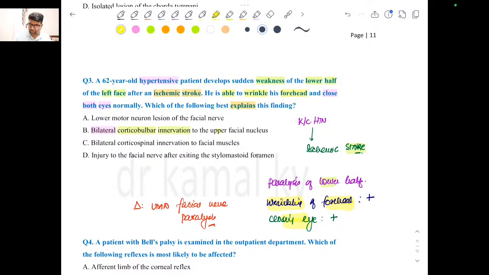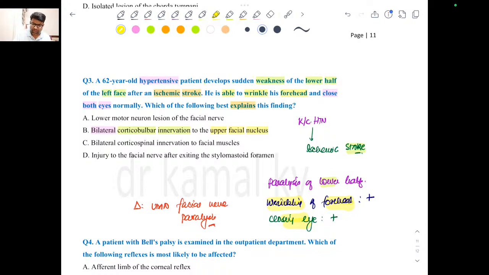So the upper facial nucleus, which is supplying the forehead and the eye muscles, is getting innervation from both sides. Therefore, even if one side is paralyzed, it doesn't make a difference, because the other side will control those muscles and the movement can take place.